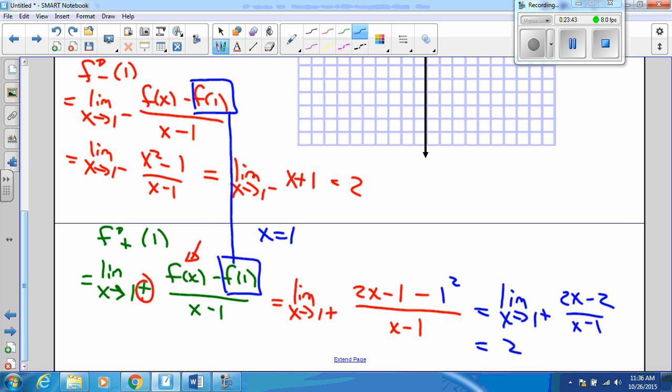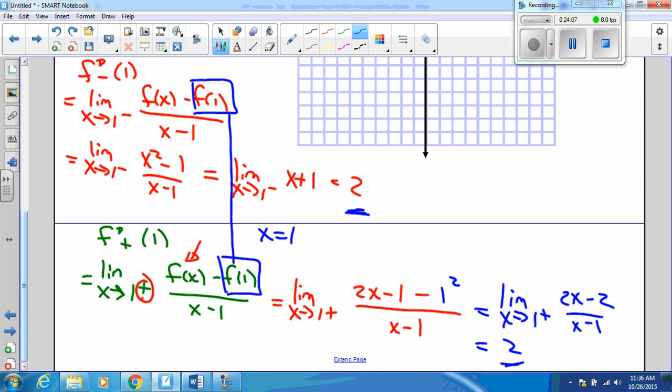And you should be able to do an easy factorization to get 2 as that one. Now, if you take a look at what we have here, the derivative from the left is 2, and we also have the derivative from the right is 2. So if I were to consider the overall derivative, what value must it have? 2. That's exactly right.